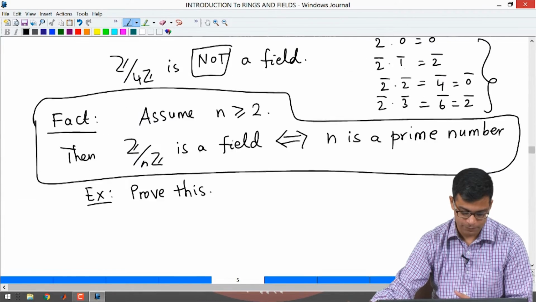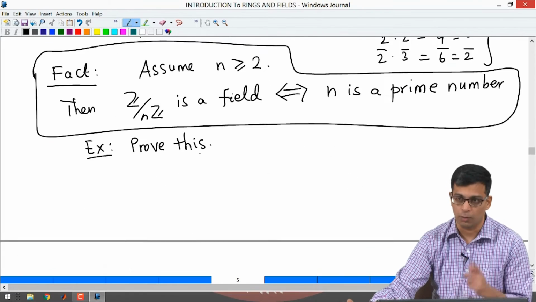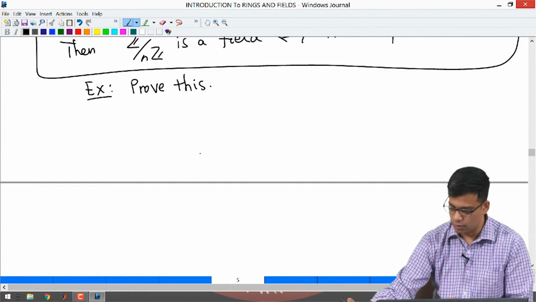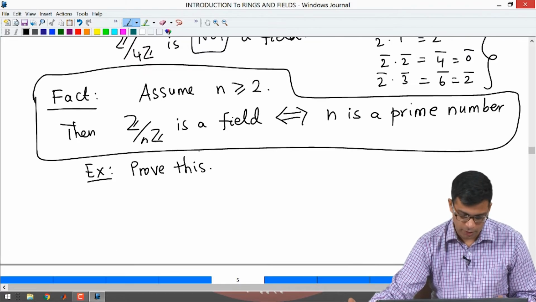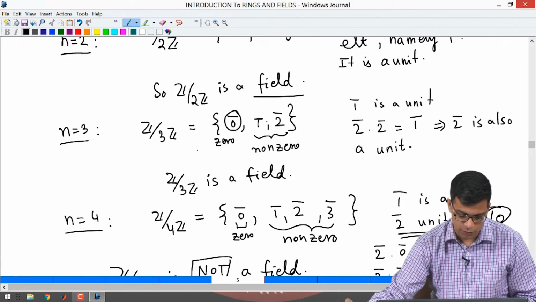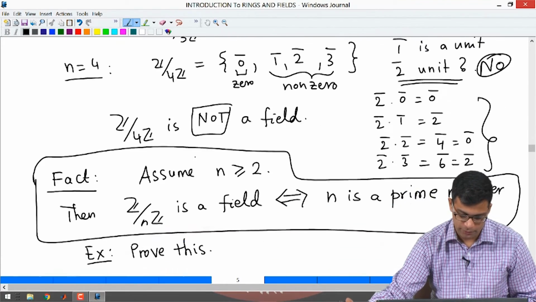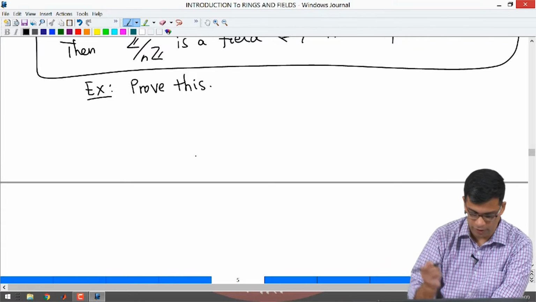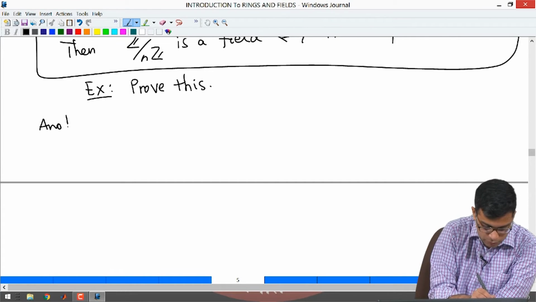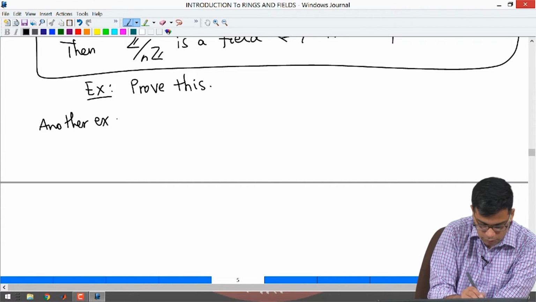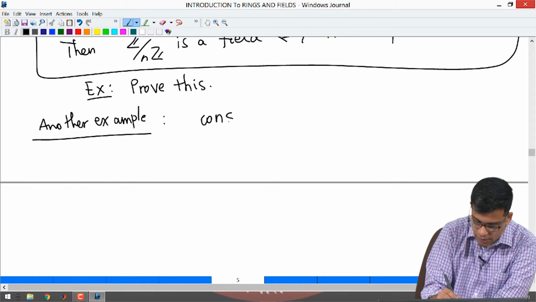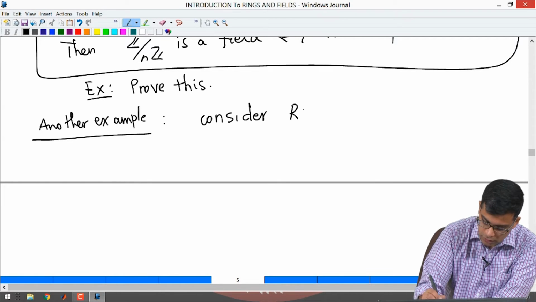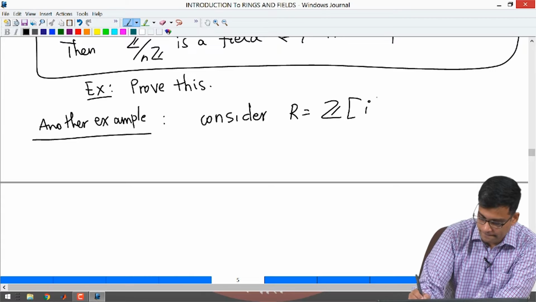I want to do one more quick example, again to tell you how to work with rings, and that also allows me to check if that ring is a field or not. So, another example. Consider the ring Z[i].